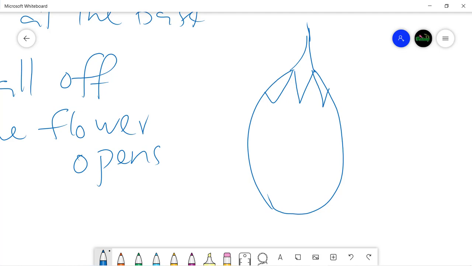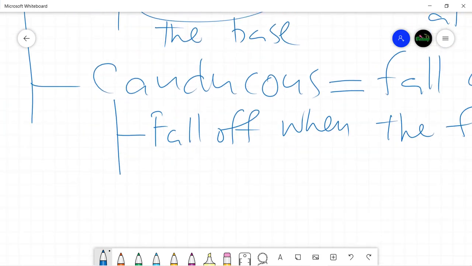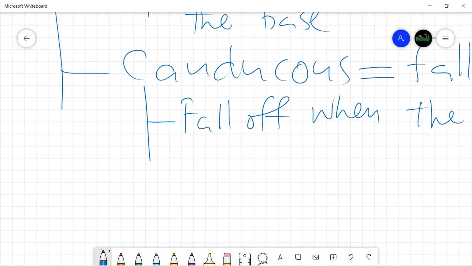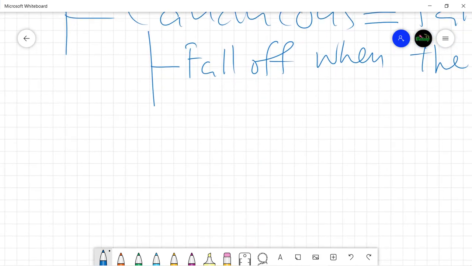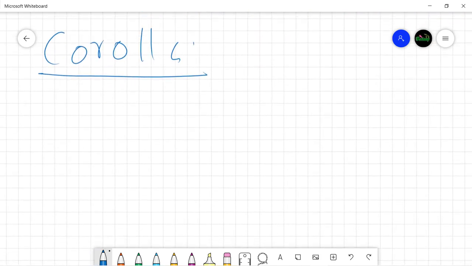This is the calyx in family Solanaceae, which persists in many plants like tomato and brinjal. So this is persistent. So caducous, deciduous and persistent. So this was calyx.